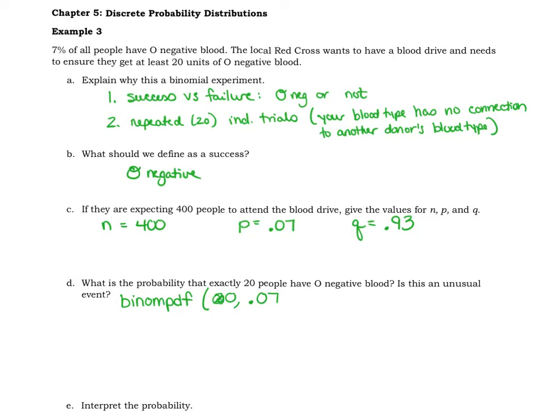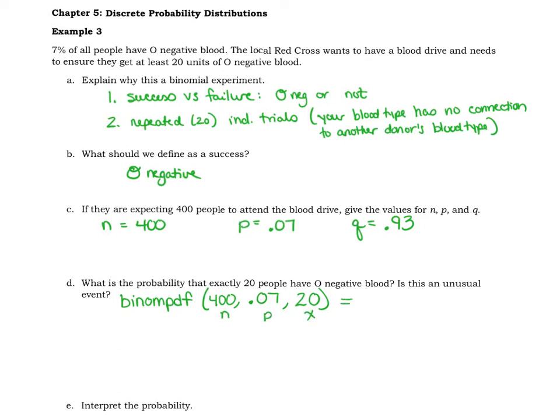I'm looking at the 20 people right on top of that. So 400 people, number of trials, 0.07, the probability of O negative blood, and then 20, the number of people we are inquiring about. What is the probability that exactly 20 people will have O negative blood? So this is your N, this is your P, and this is your X.